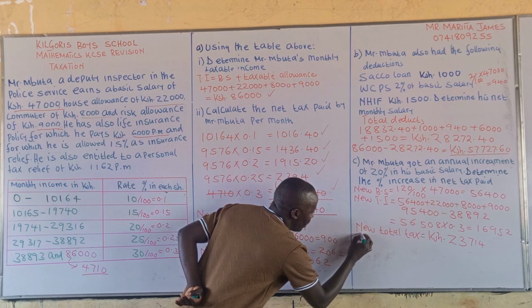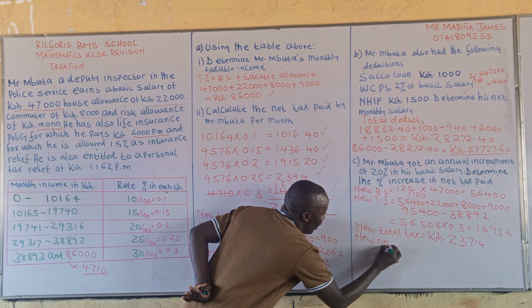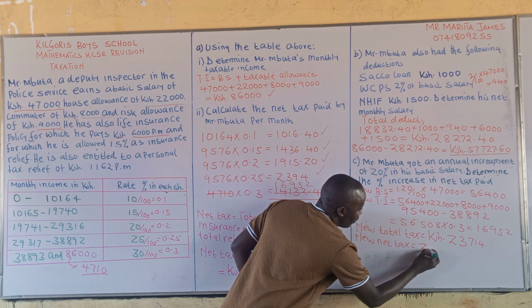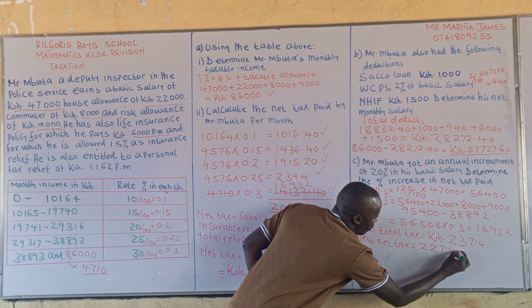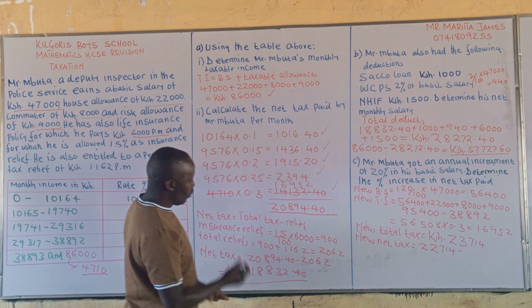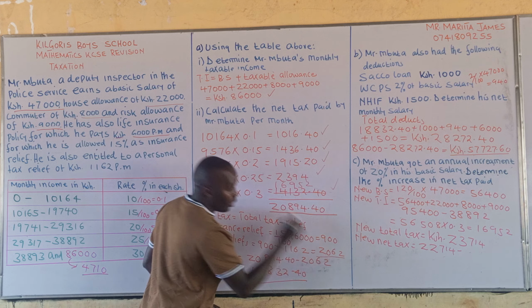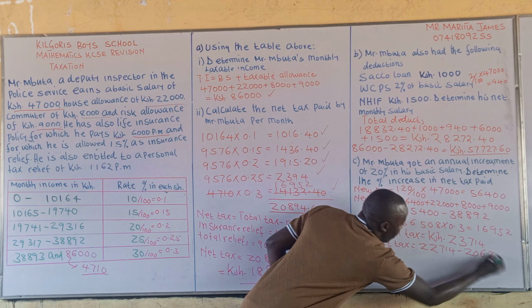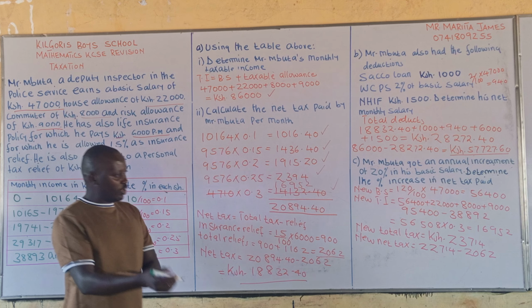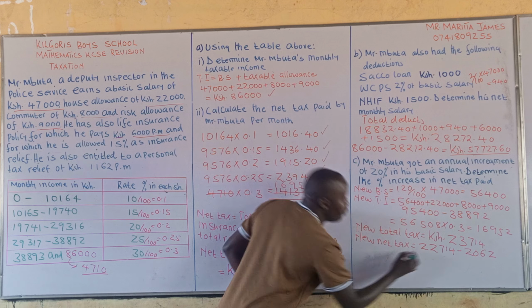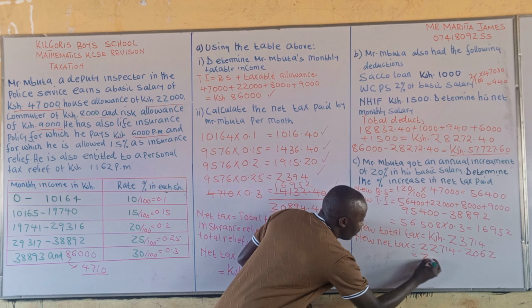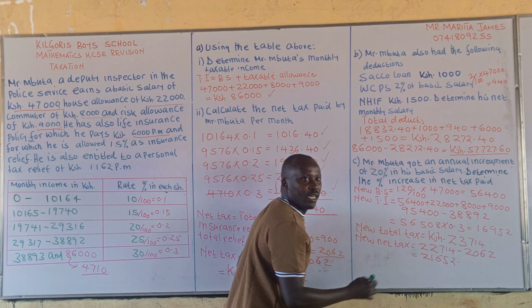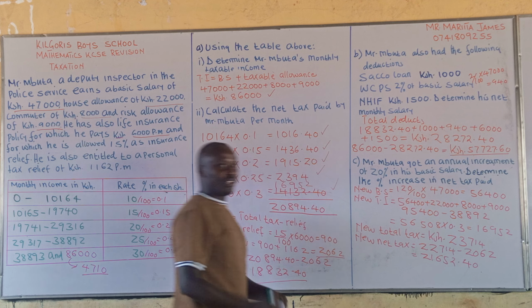So the new net tax is the total tax of 23,714 minus the reliefs. We have two reliefs, the personal relief and the life insurance relief, giving a total of 2,062. If you do that subtraction, it gives us a new net tax of 21,652.40.